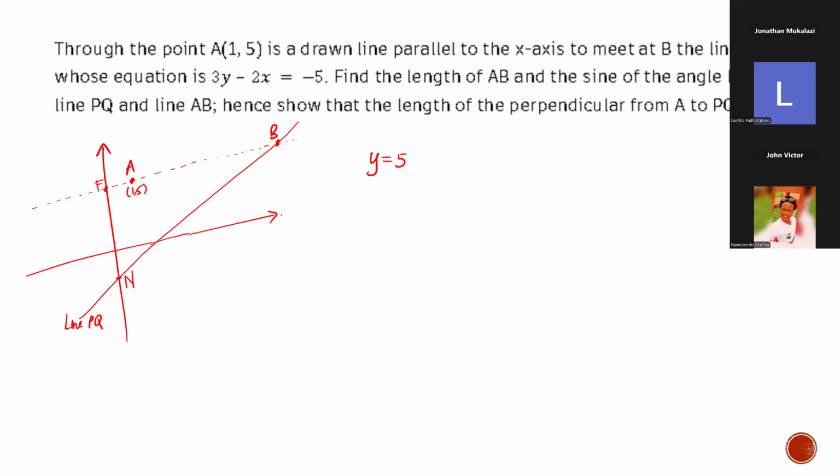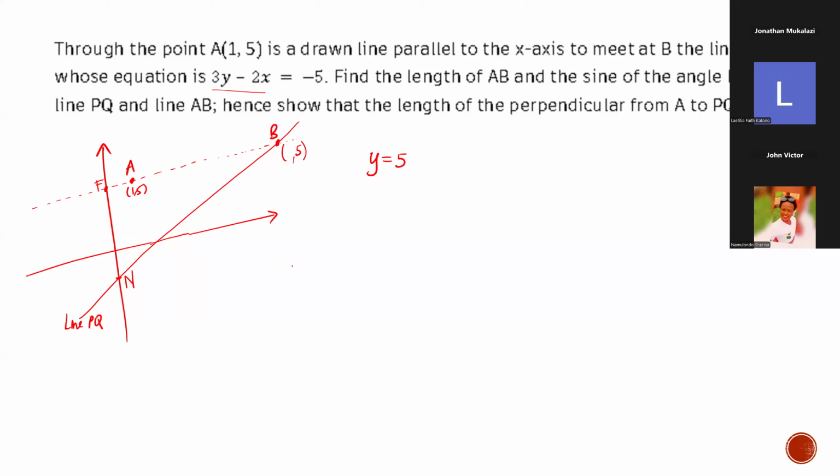So we have the line y is equal to 5, and so that means the y coordinate of point B is 5. So the x coordinate would be whatever we get when we substitute for y in that equation.